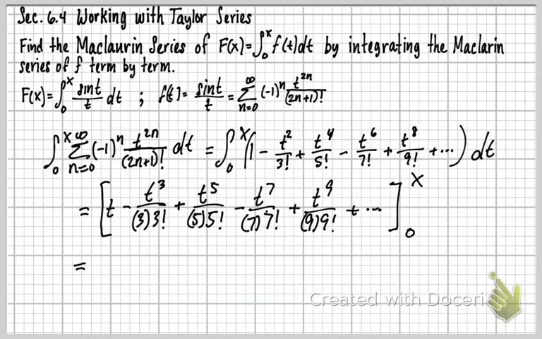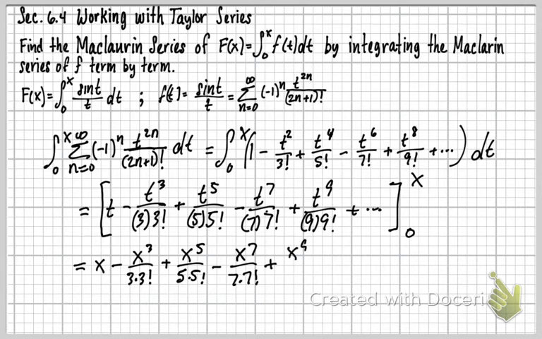So that's going to be x, minus x cubed over 3 times 3 factorial plus x to the 5th over 5 times 5 factorial minus x to the 7th over 7 times 7 factorial plus x to the 9th over 9 times 9 factorial plus dot dot dot.